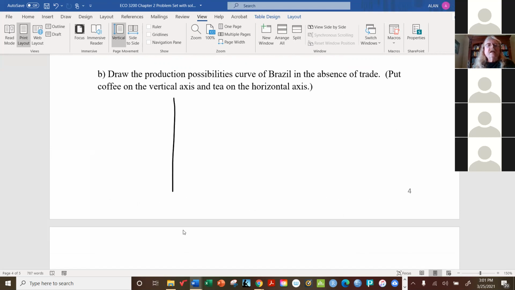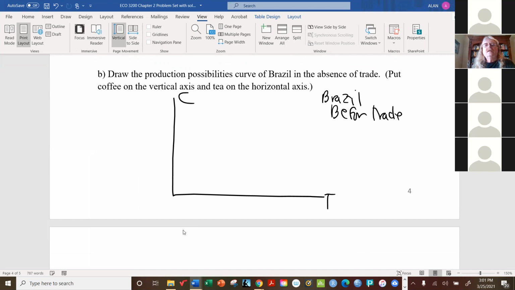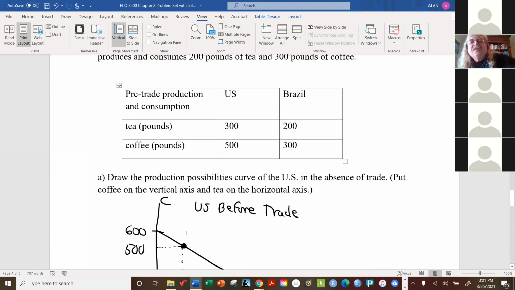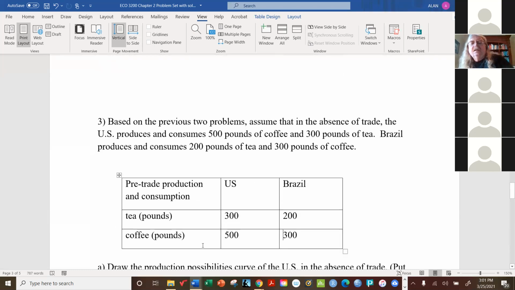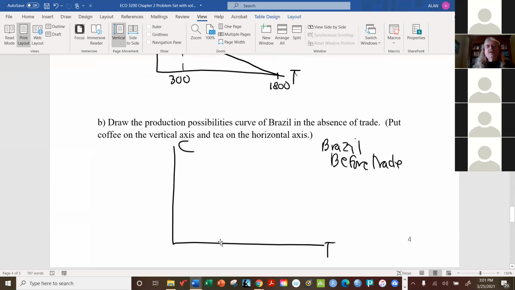All right, let's do this again. This is Brazil. This is Brazil before trade. So their capabilities are 500 and 250. That's where the problem was. Now we're all set. Yeah, this isn't drawn that well.